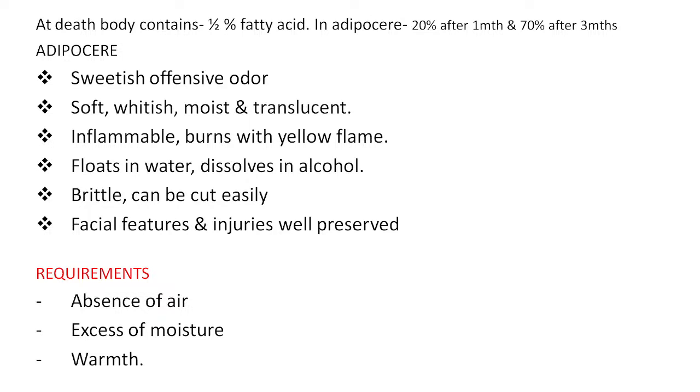It is somewhat soft, or you can say a little bit firm, whitish in color, moist and translucent. It is inflammable, and if you burn it, it will give a yellow colored flame. It will float in water and dissolves in alcohol. It is brittle and can be cut easily.